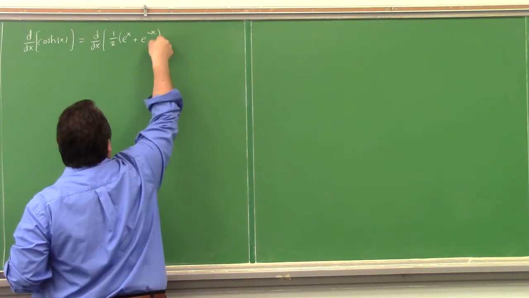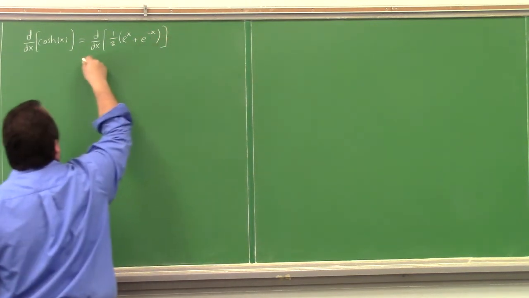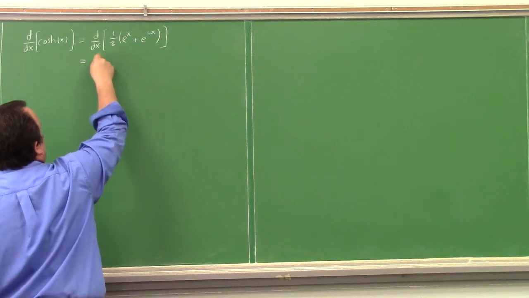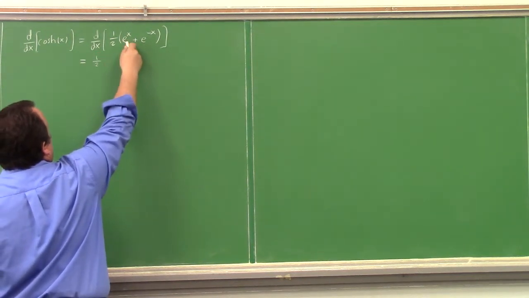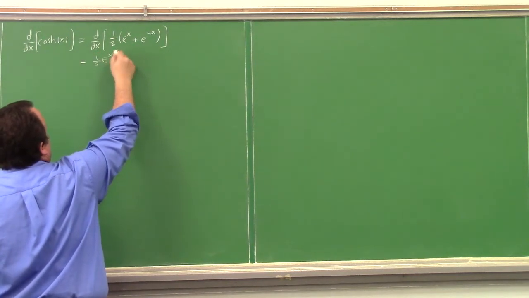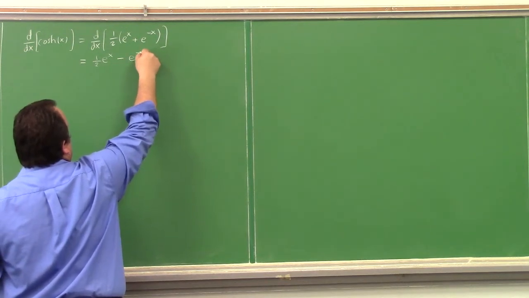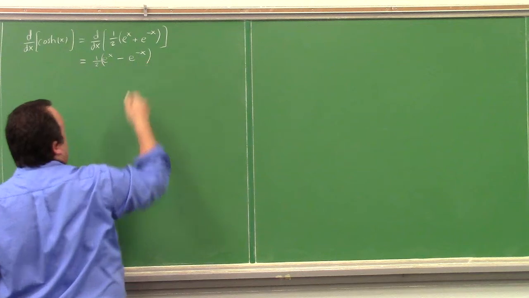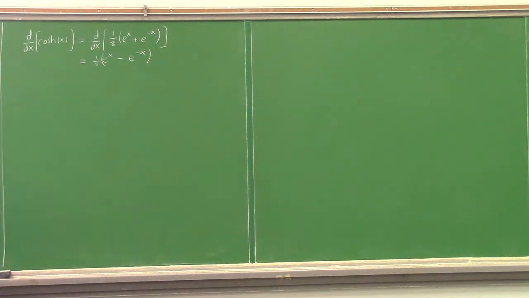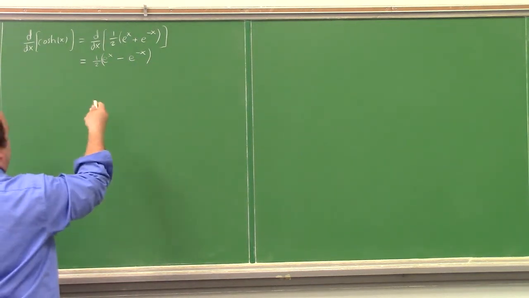When we first encountered this, we were fresh on our differentiation, but now it should be a piece of cake. This is the derivative of e to the x, which is e to the x. And then the chain rule says that's minus e to the minus x, the minus 1 coming with the chain rule, differentiation of the minus x. And of course, that's sinh.